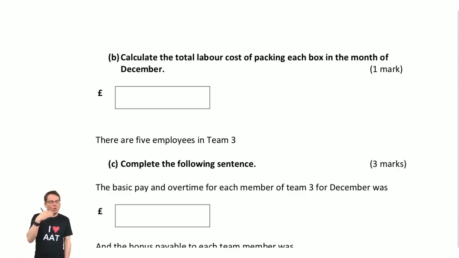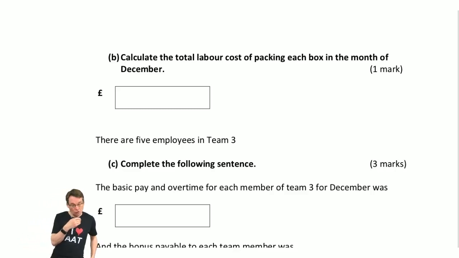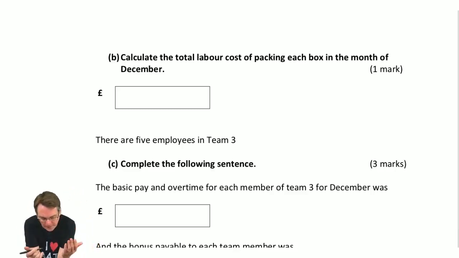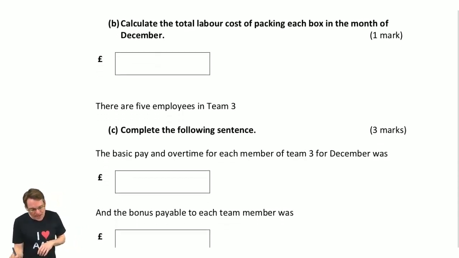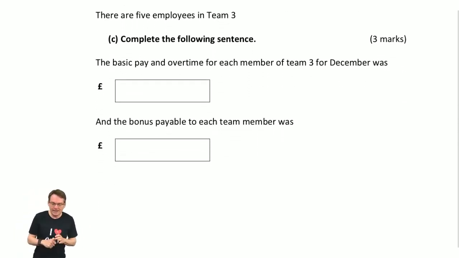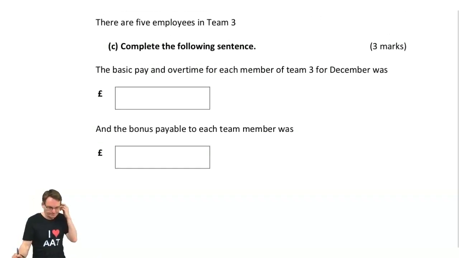One of the things that you need to do in the costing paper, in the MMAC paper, is read very carefully exactly what it is that you're being asked to calculate. In this case, it's the cost of packing of each box. Then we will need to look at some pay, some overtime, and a calculation of a bonus for each particular person.